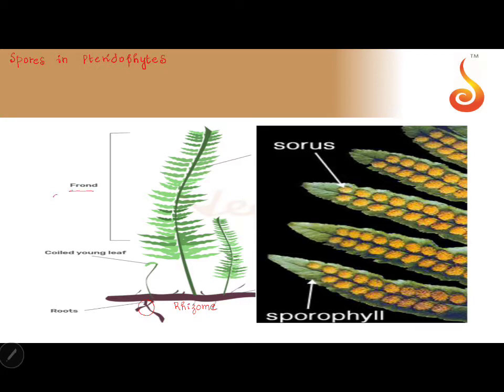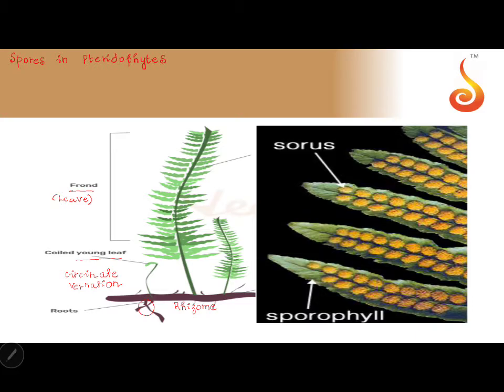Frond is true leaf that appeared for the first time in pteridophytes, and I have a coiled end leaf. If you remember, circinate vernation, the leaf in its young stage would be curled into circles which will unwind as the leaf grows. So this type of development of leaf is called circinate vernation.